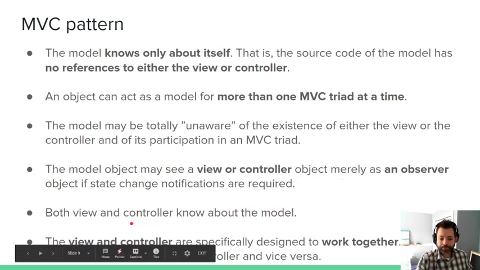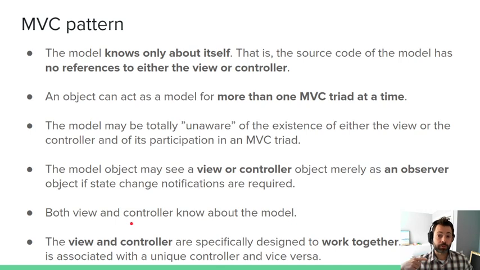So other things here. The view and the controller have to know about the model. This should be hopefully intuitive because the view has to know what data to render. The controller has to know what data to pull out and how to talk to the view about that. If I'm rendering out a blog post, for instance, the view has to know what data goes into this paragraph, what data goes into the author field, what data goes into the posted date, what are your privileges for editing this post. The view has to know some of this stuff.